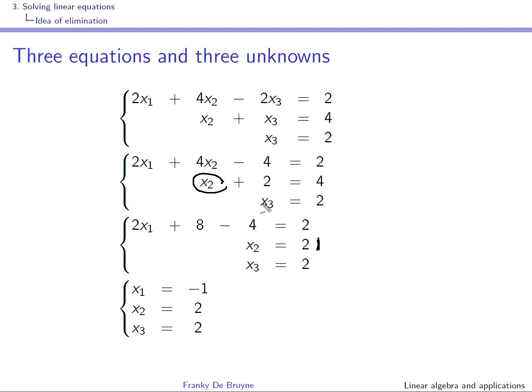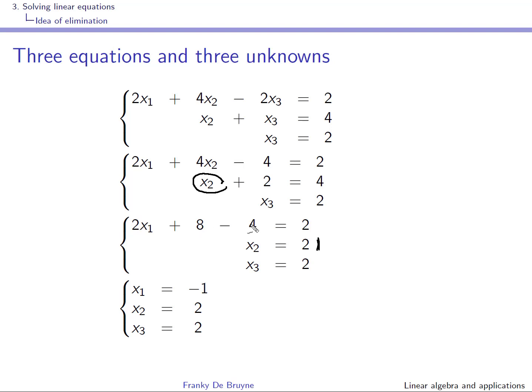So we had injected x3 equals 2 also in the first equation, minus 4. Since we have now our solution for the second variable, we can also inject it in the first equation, right? And now we can solve for x1.